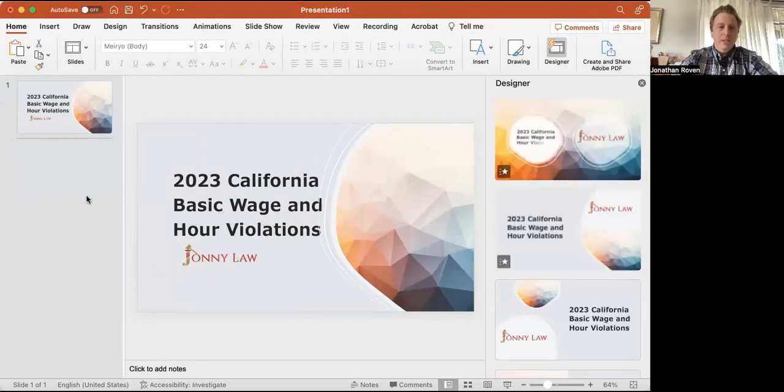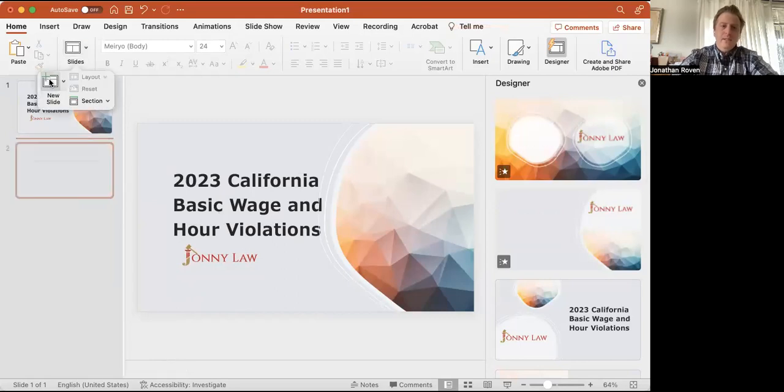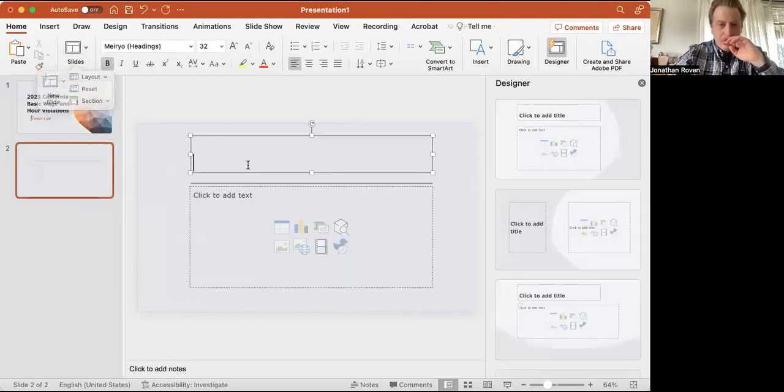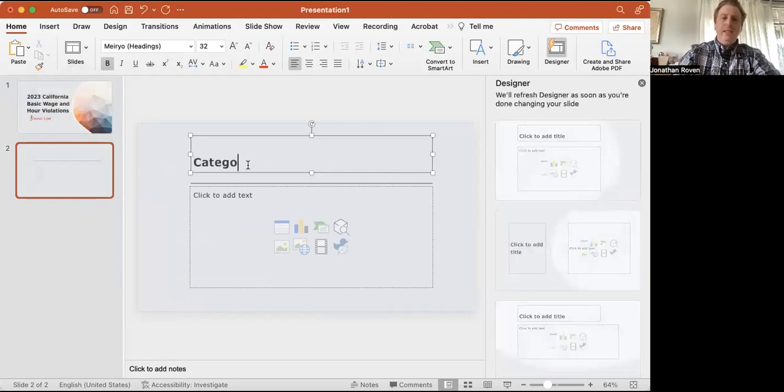All right. So this only pertains to California, nothing else. There are several different categories, and we're going to break apart each category. So we're going to call it categories of wage and hour violations.